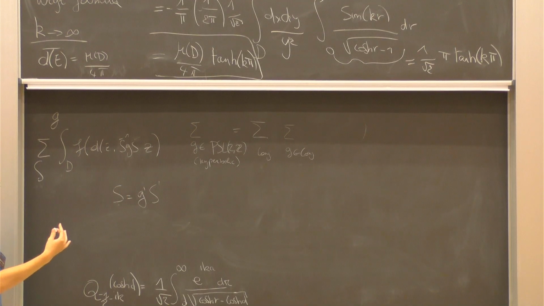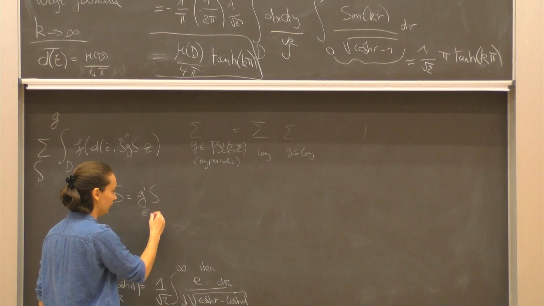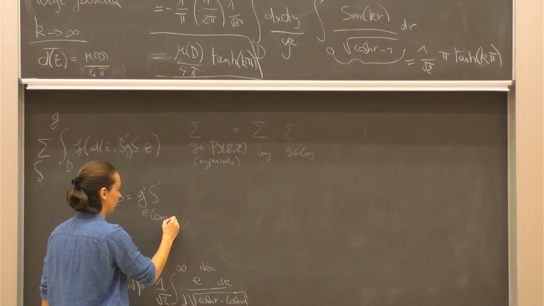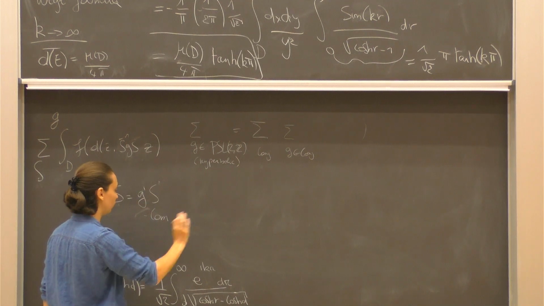You'll be overcounting. So these g's here commute with g, and we want to mod them out. I don't know if it's commutant or commutator or whatever the name is.